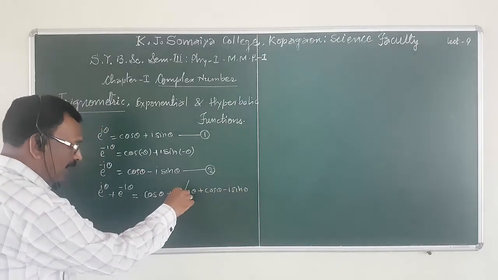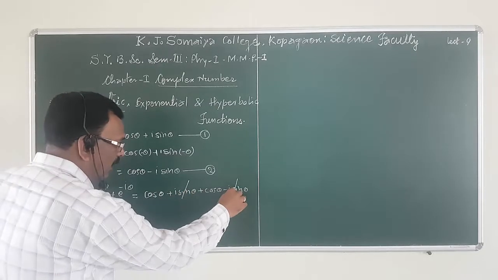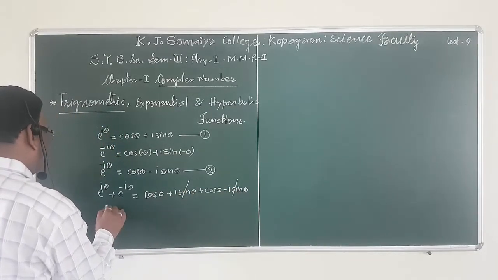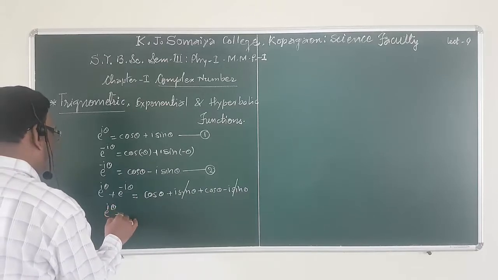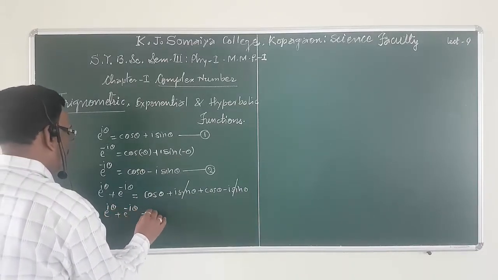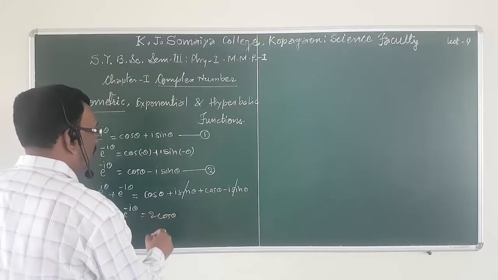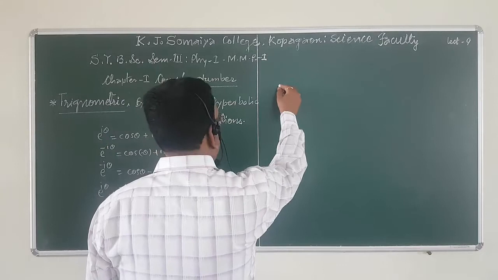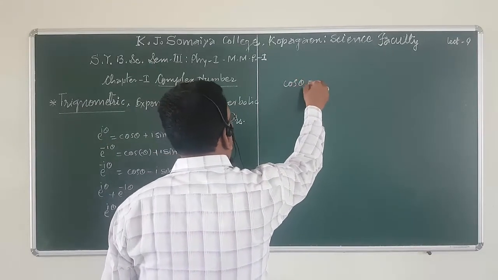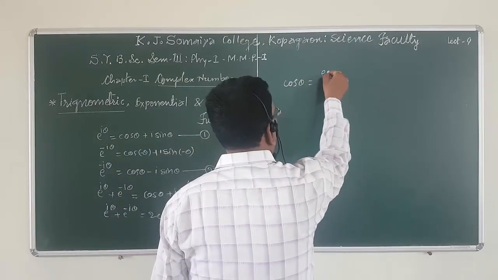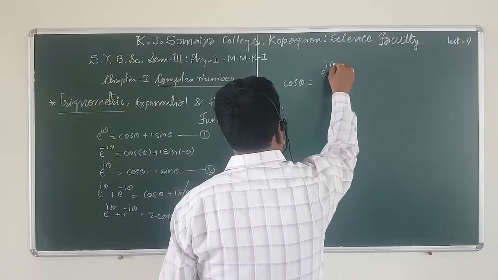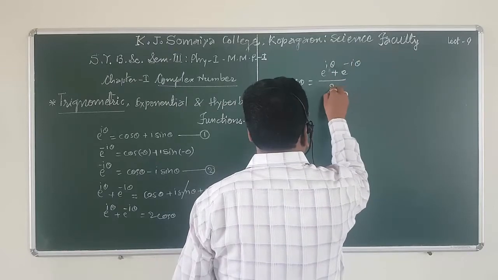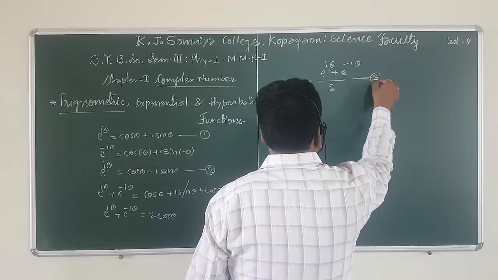The plus i sin theta and minus i sin theta cancel each other, and we have e raised to i theta plus e raised to minus i theta is equal to 2 cos theta. Or simply we get the first trigonometric function: cos theta is equal to e raised to i theta plus e raised to minus i theta upon 2. This is the first trigonometric function.